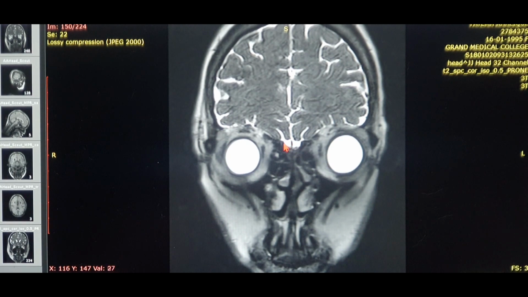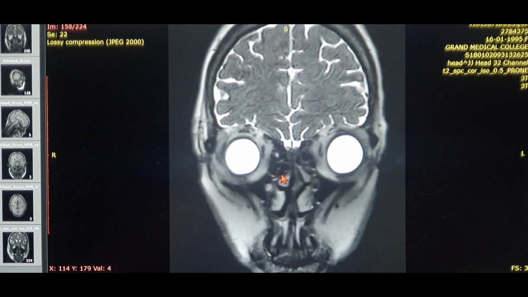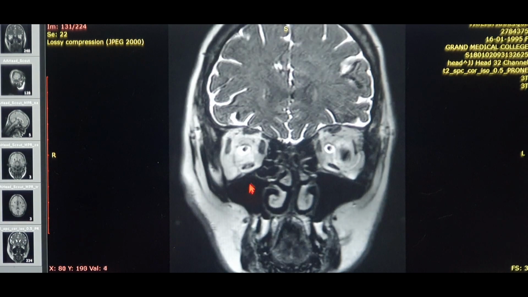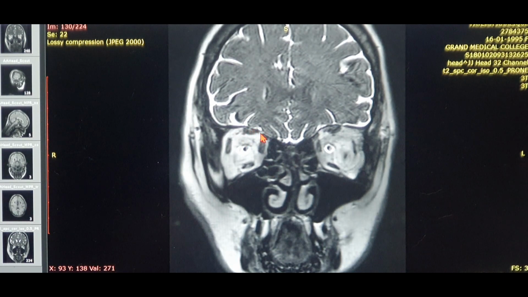So this is the olfactory bulb over here, and if we keep on going behind, we're going to see the maxillary sinus, the orbital muscles over here, the periorbital muscles, the turbinates, the ethmoidal region, the skull base still being intact. So far the skull base is still intact. I did not see any discontinuation in any area.